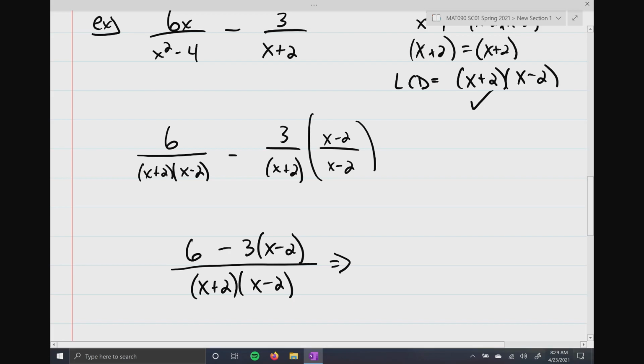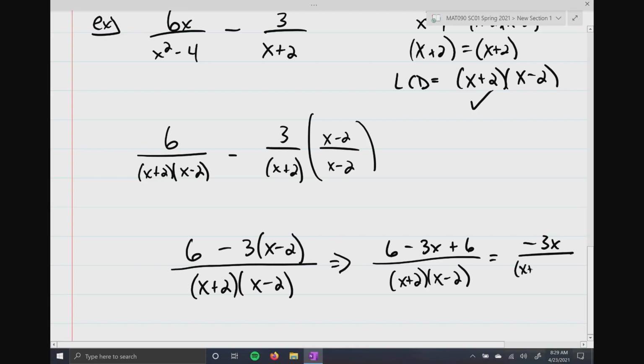So my denominator stays the same, x plus 2 times x minus 2. Now my numerator, let's go ahead and distribute the negative 3. So I get minus 3x plus 6. I group any like terms. It's going to be minus 3x over x plus 2 and x minus 2.